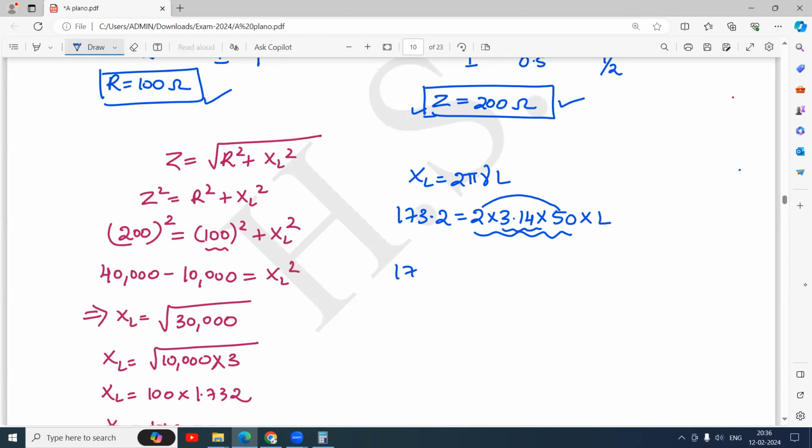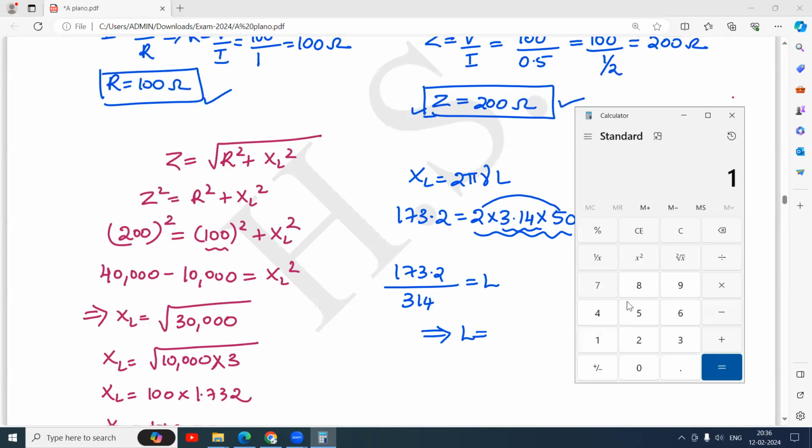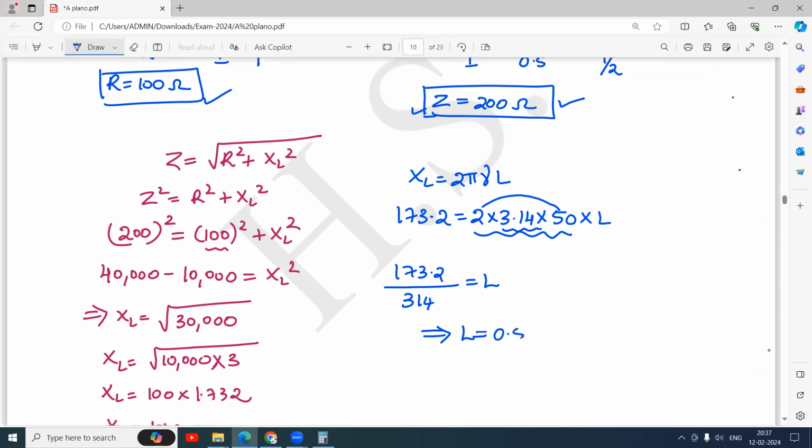So L is 173.2 divided by 314, which is 0.552 Henry, because self-inductance is measured in Henry.